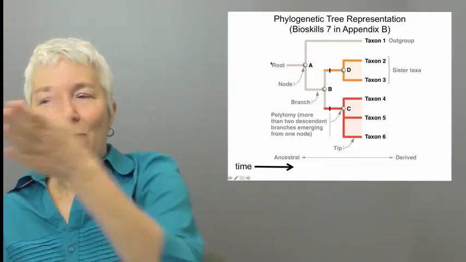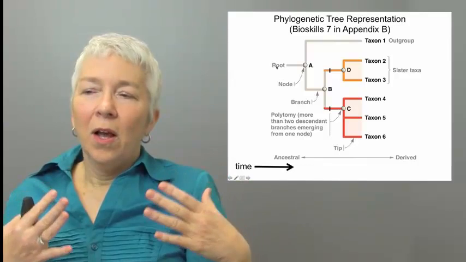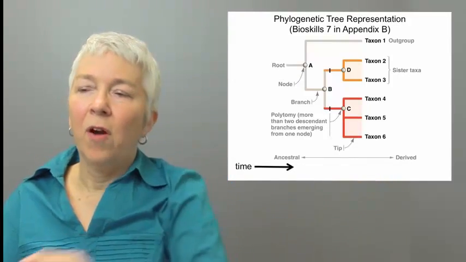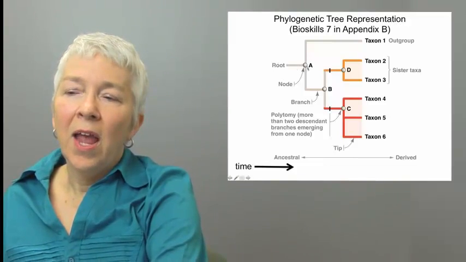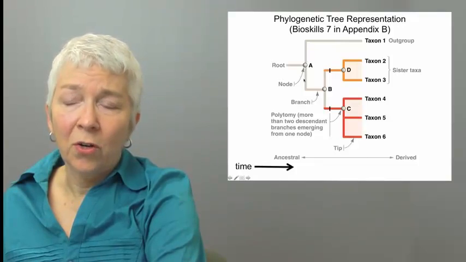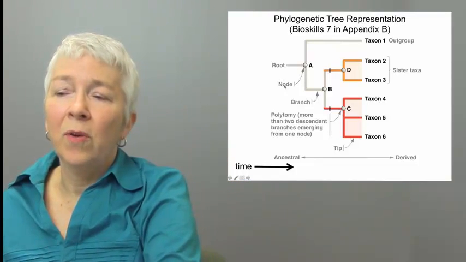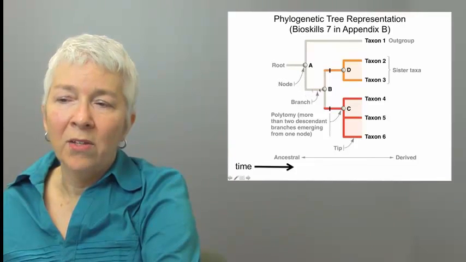Now, within these branches, way back here, we have a root, and this root would signify the common ancestor for all of the different taxa that were later derived from this common lineage. And anytime there is a branch shown here, the intersection point is referred to as a node, as shown here. And then this particular node has 2 branches.